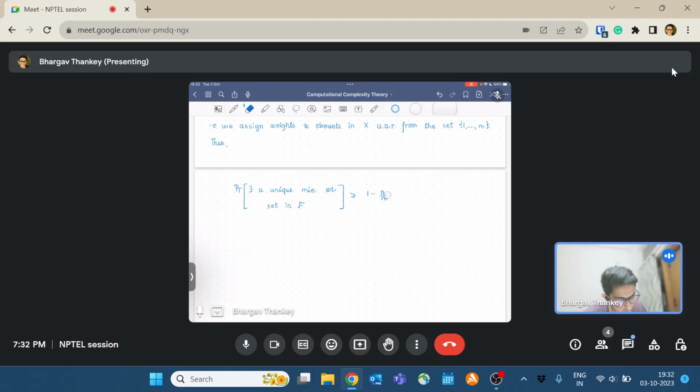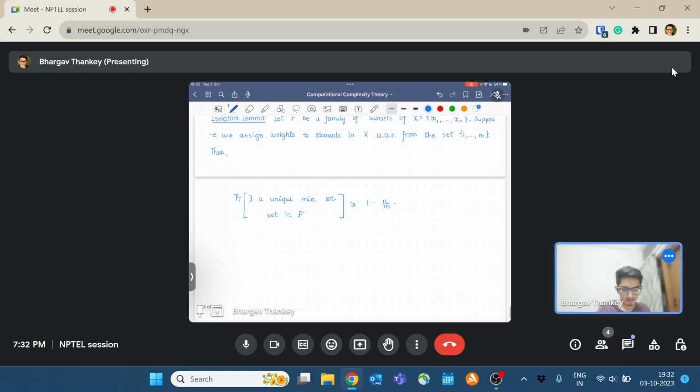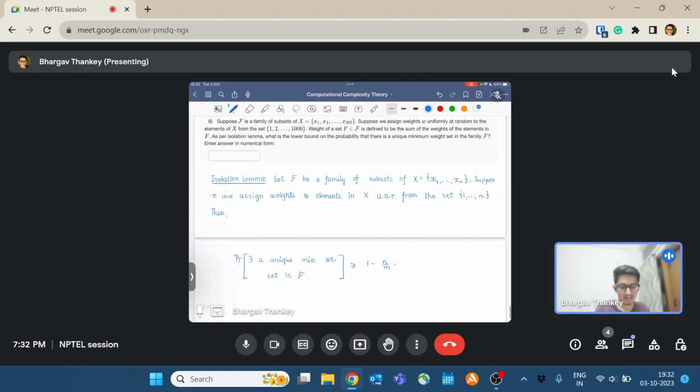Okay, so this is what the isolation lemma says. And the setting of the isolation lemma is exactly similar to the setting that we have here. For us, n is 200, and m is 2000, right?